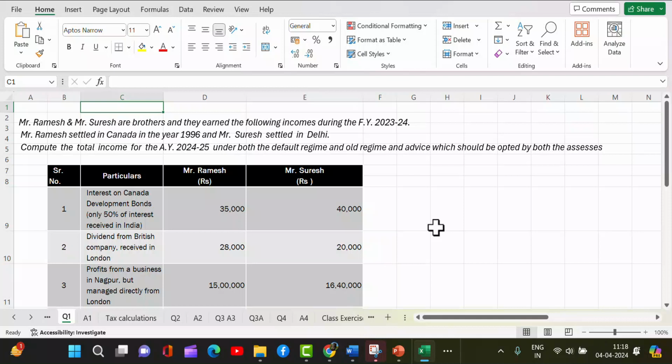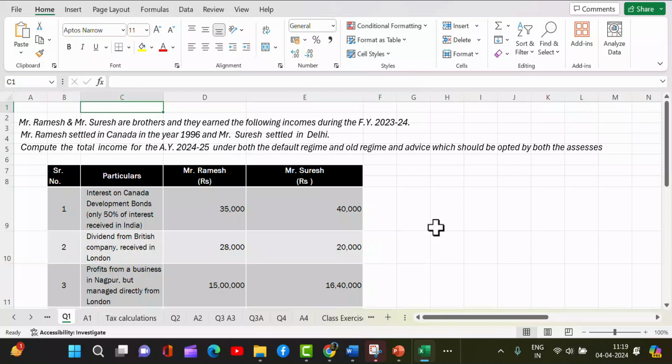So, what I have done is that I've just changed this question a little bit, though this was part of the CA study material. First of all, we have to compute both the persons' income, Ramesh and Suresh. Now, Ramesh is settled in Canada. That means he's a non-resident, because he has been settled there since 1996. And Mr. Suresh is a resident because he is in Delhi.